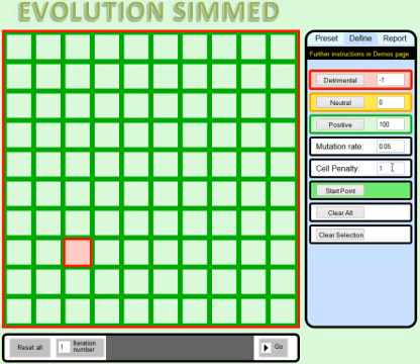The two values below that, the mutation rate and the cell penalty, will also have a direct impact on the evolution of your simulation. So the mutation rate is the chance of a mutation occurring.